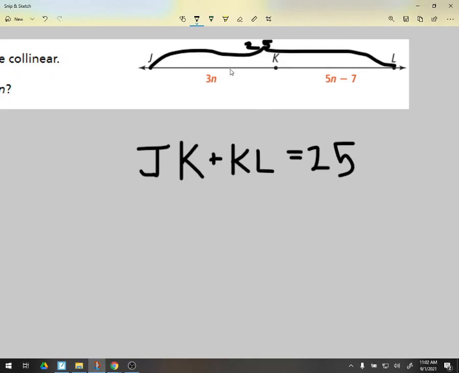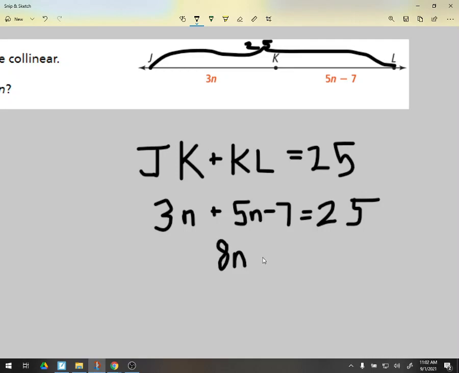And hey, I know JK is 3n, and I know KL is 5n minus 7. So I could combine like terms here. 3n plus 5n is 8n. Bring down the 7.